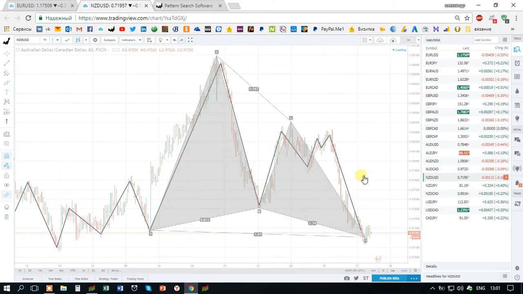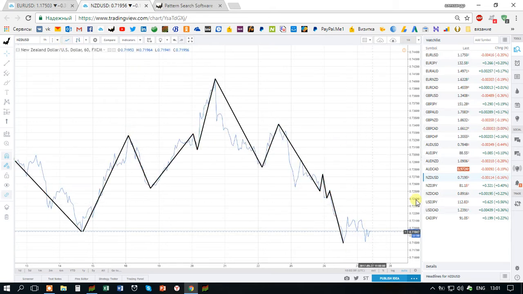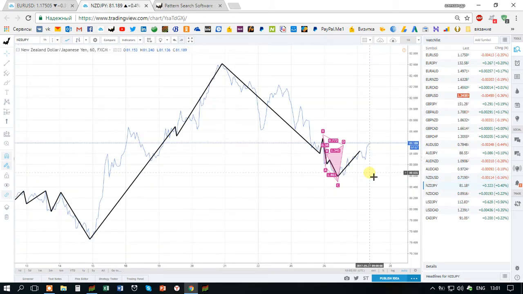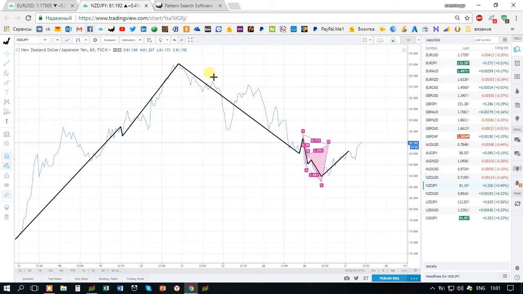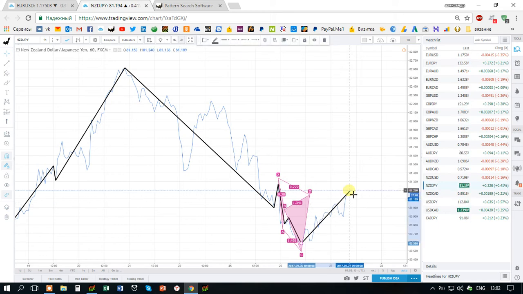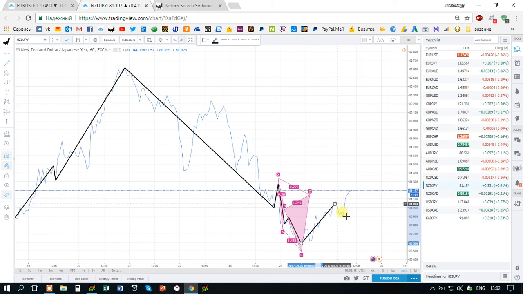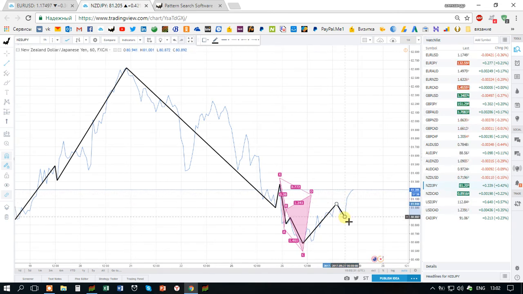The next one is New Zealand dollar. No changes here, I suppose, nothing. New Zealand yen, here it is, the Cypher advanced formation. We have that zigzagging formation like this, you can see, and then it is followed by the breakout to the upside. Let me draw the correct swings here, like this and like this.